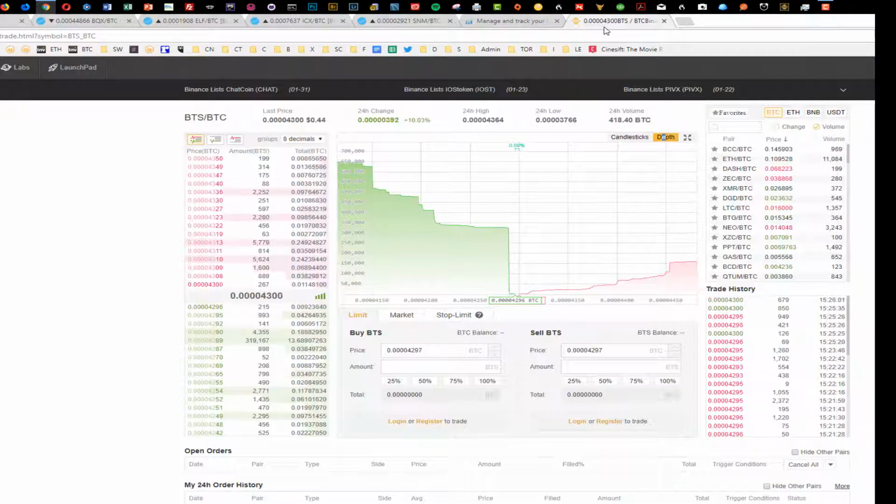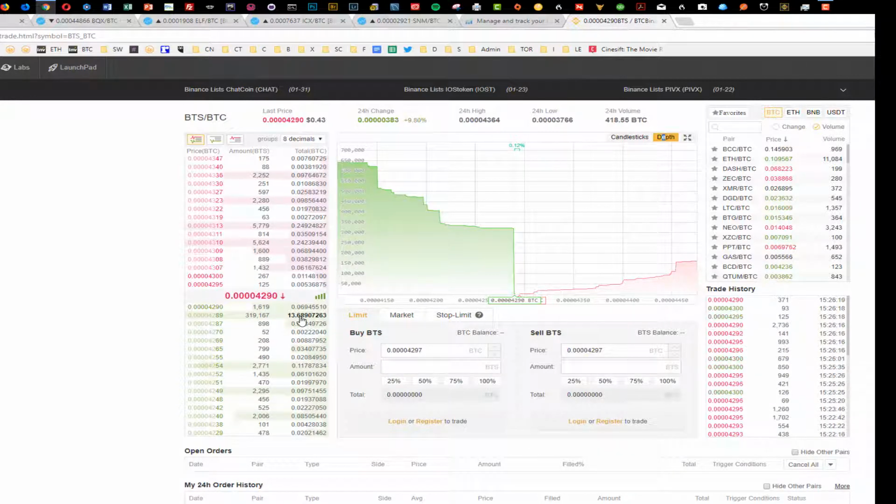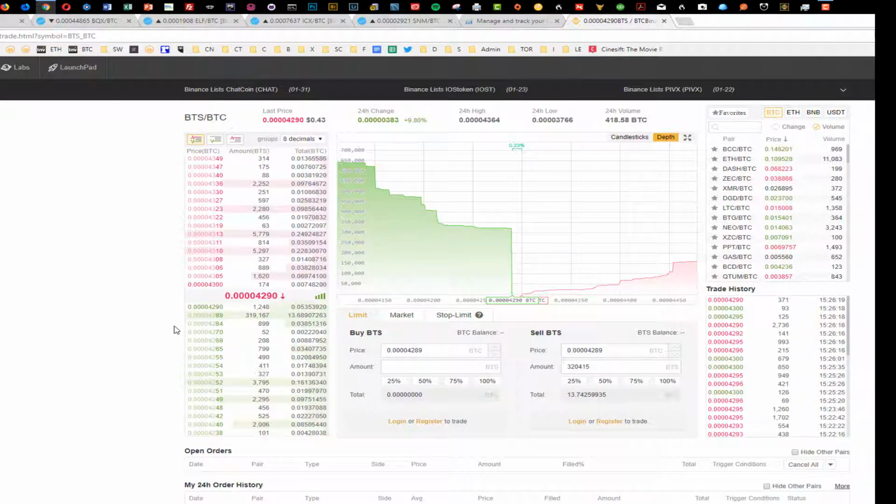So let's see what's on the books. That artificial buy wall is still there, and I don't know, it could be real. Someone with 13 Bitcoin. Well, let's see what that is. 13.6. I should be able to do this math in my head.